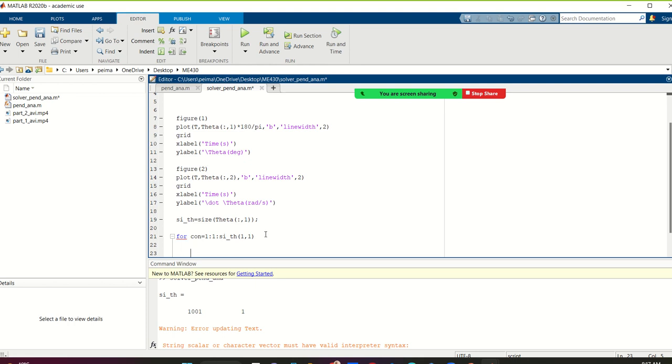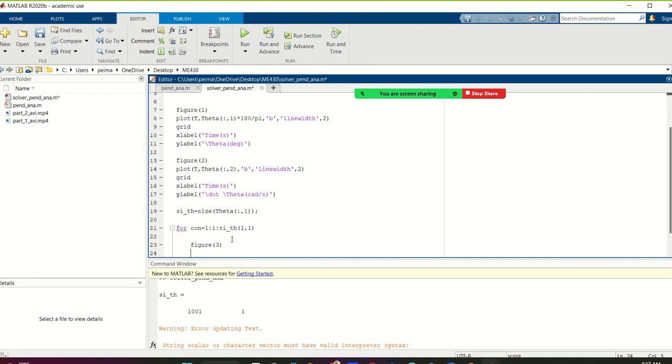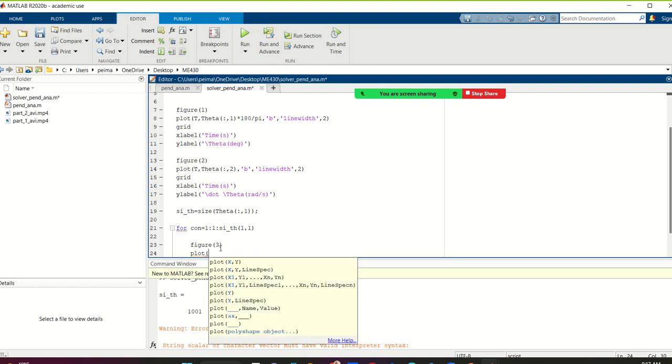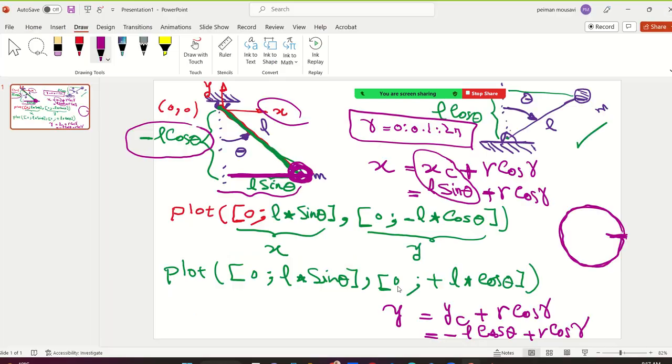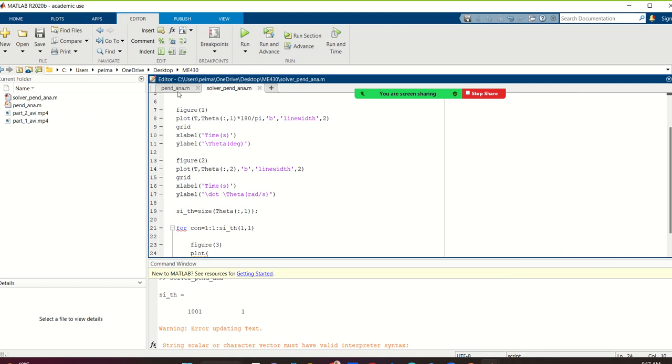So now I'm saying figure number 3 because I already have 1 and 2. Plot. Here we go. Now plot what? I'm first talking about 0 and L sine theta. So guys, what is L?